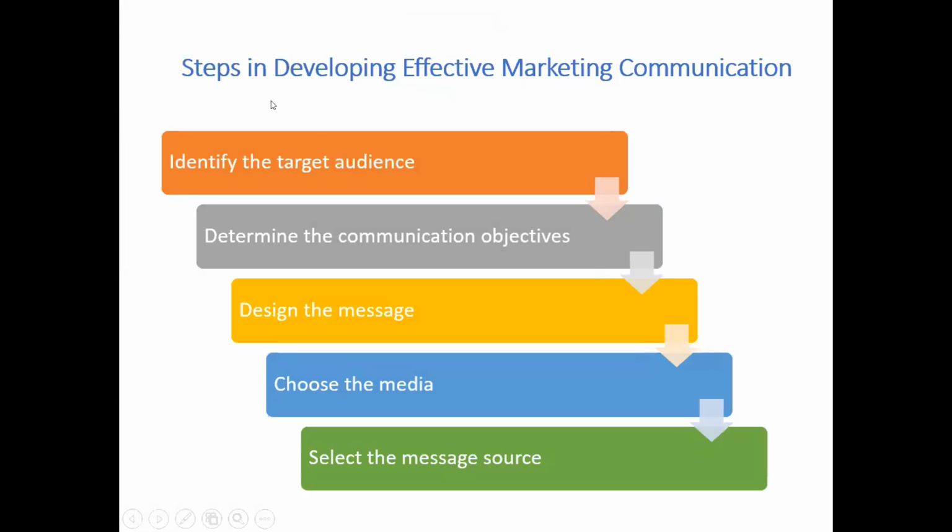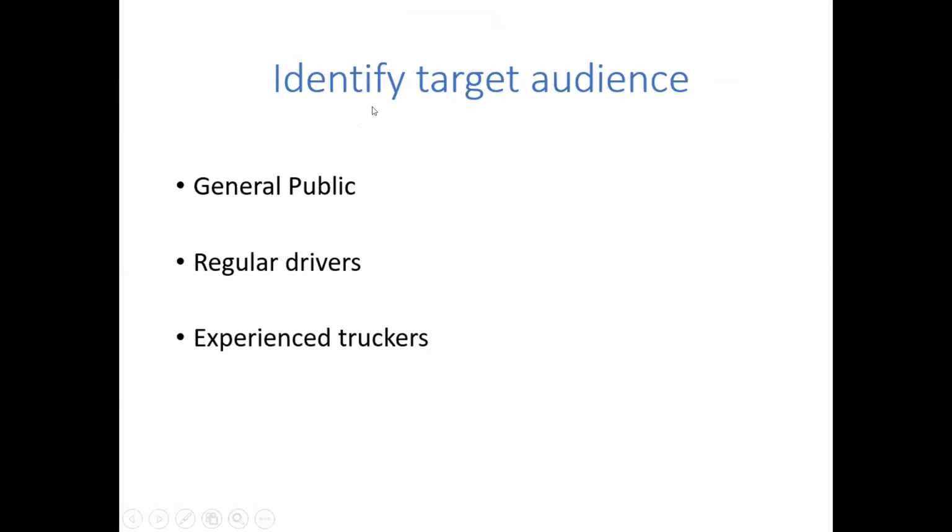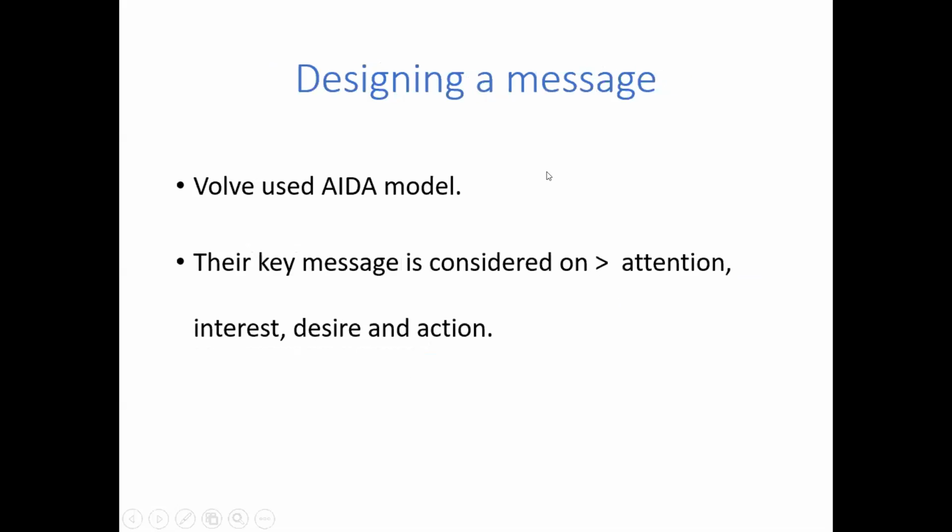The next thing is steps in developing effective marketing communication. Firstly, identify the target audience, determine communication objectives, design the message, choose the media, and finally select the message source. In this case, Volvo identified the target audience: the general public, regular drivers, and experienced truckers. In designing the message, Volvo used the AIDA model. Their key messages were based on attention, interest, desire, and action.